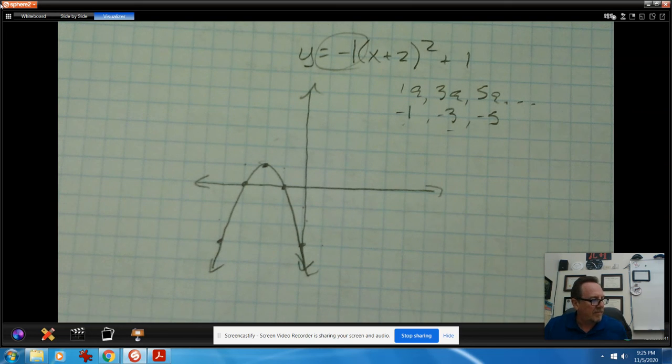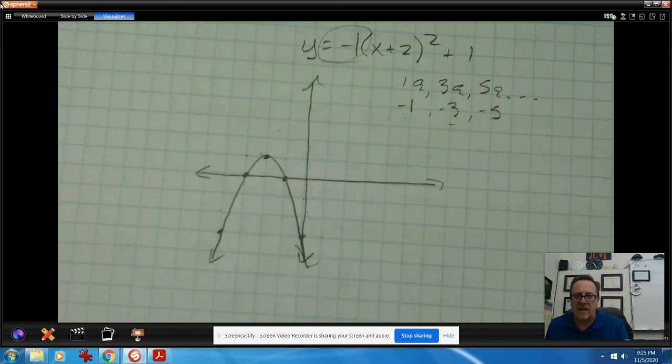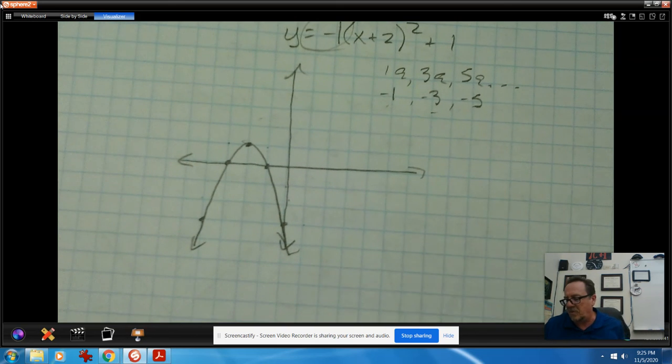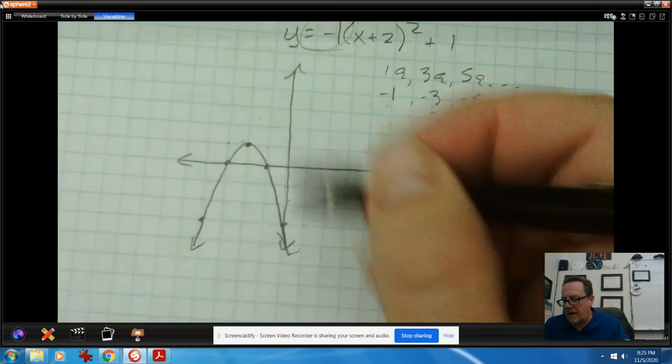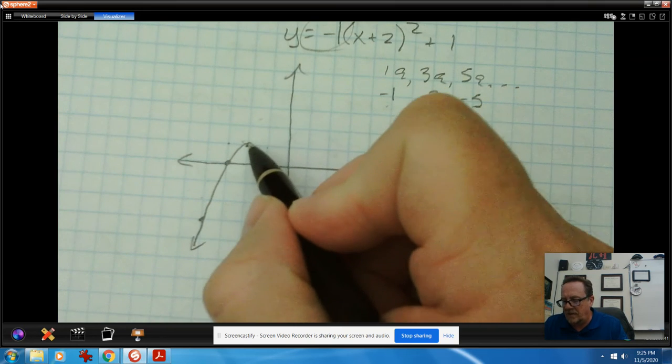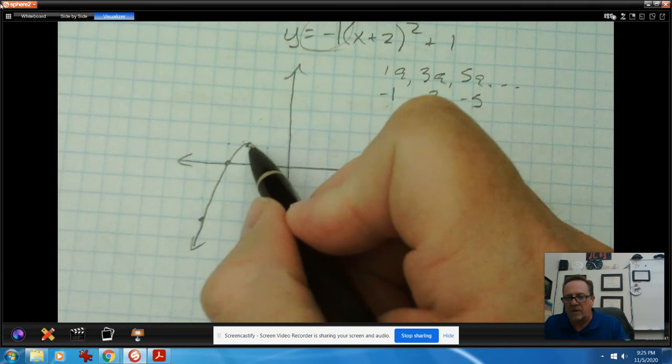Okay? So let's think about the shapes of these real quick. I don't think there's any particular questions that ask you that in this section, but just want you to notice that if my parabola is upside down, that y is going to have what's called a maximum value at the vertex.